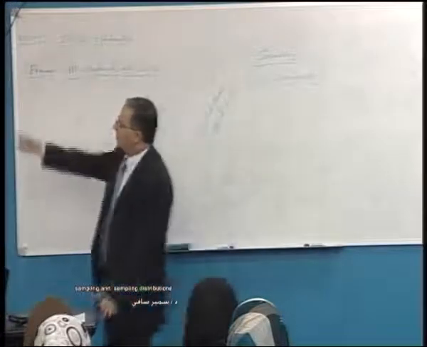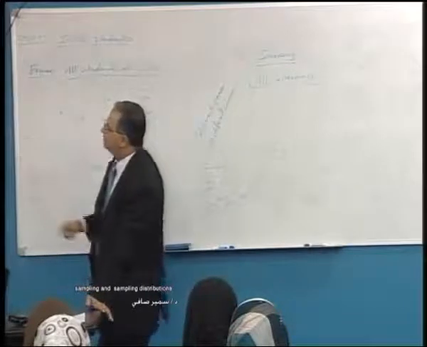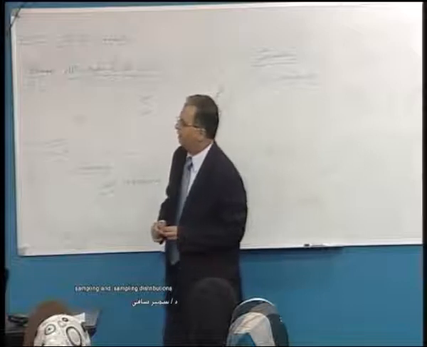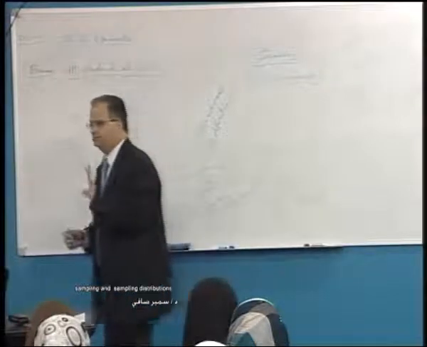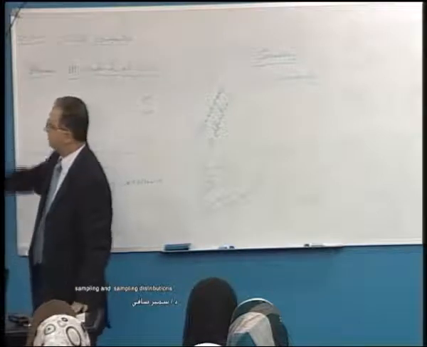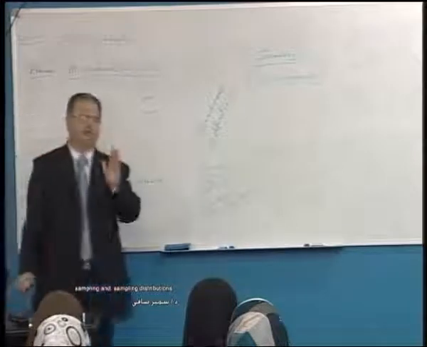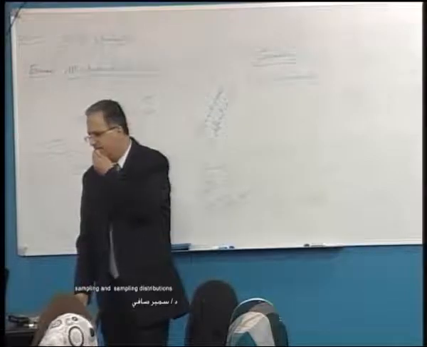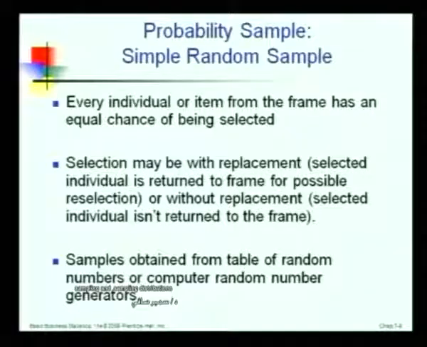So in the probability sample, items are chosen on the basis of known probabilities. And again, there are types of probability samples: simple random sample, systematic, stratified, and cluster. Let's talk about each one in detail.